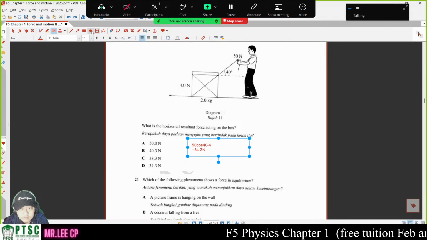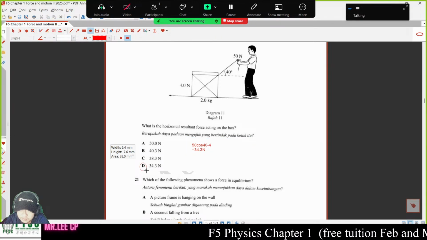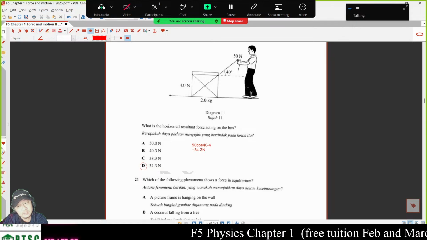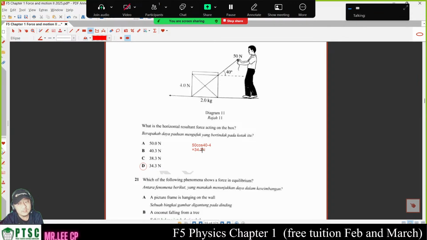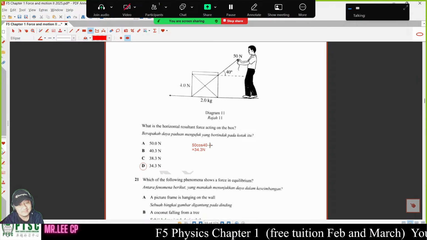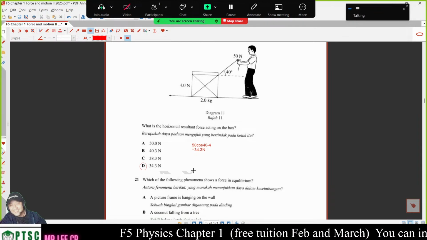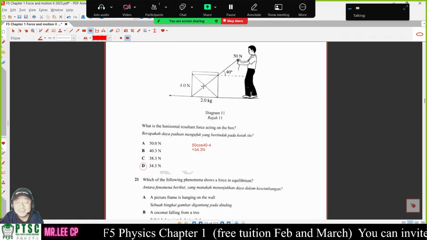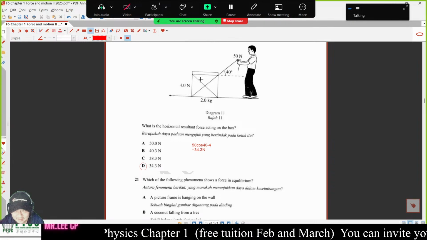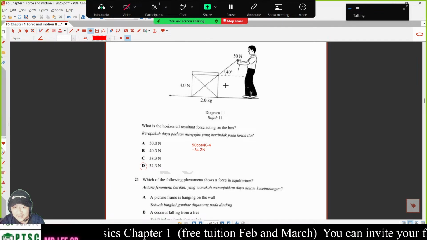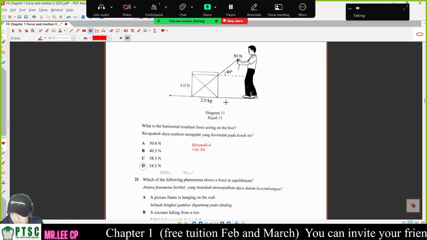Now, very fast. If you use triangle, it will be very, very hard to do, isn't it? You try, see whether you hard or not. I guess you need longer time. I use touch or not touch, and I can get the answer already.